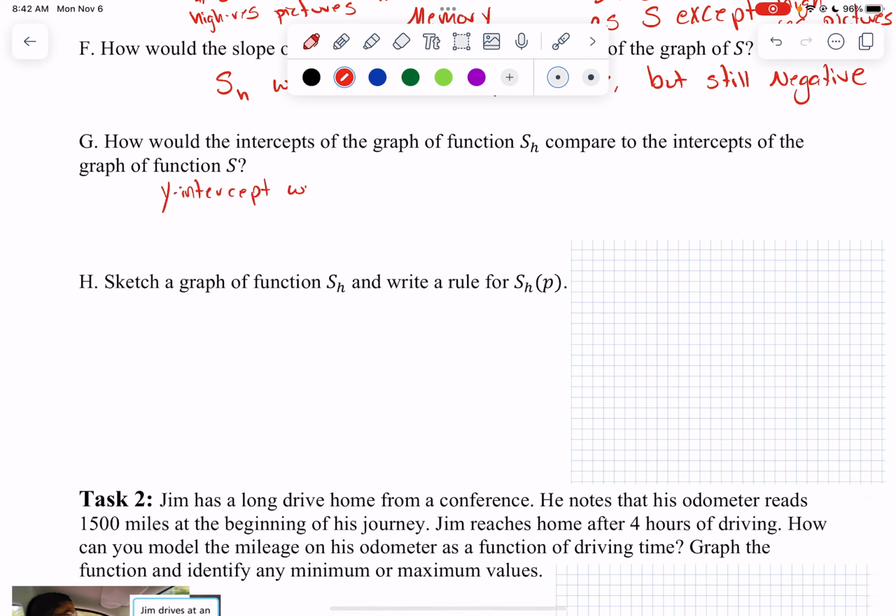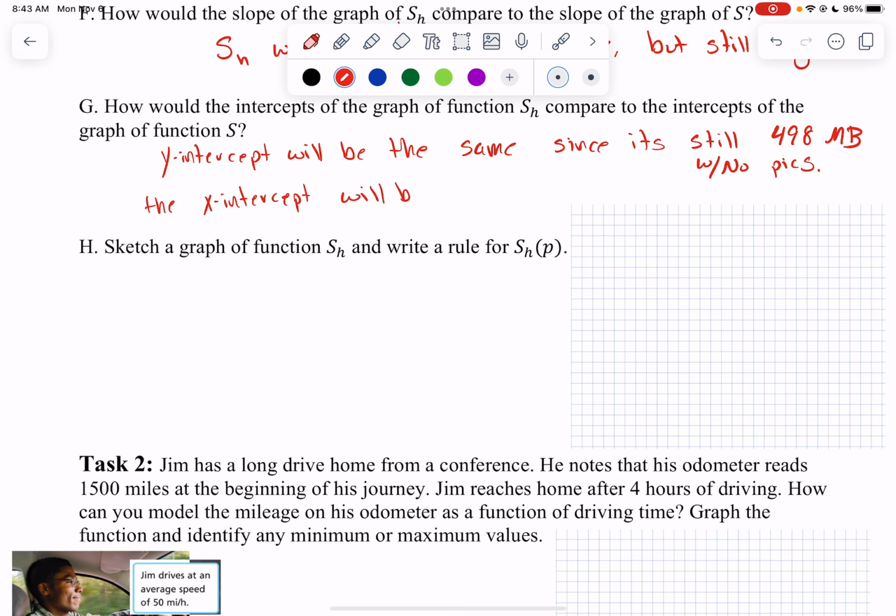Y-intercept will be the same, since it's still 498 megabytes with no pictures. X-intercept will be smaller than S, since slope is steeper.